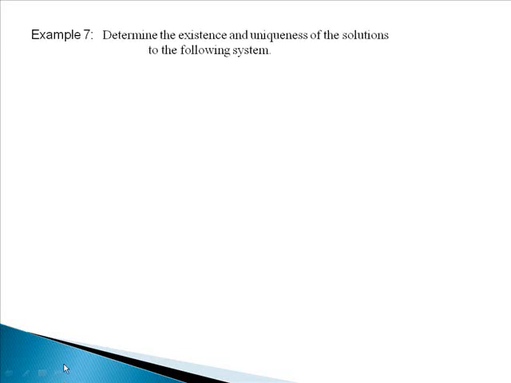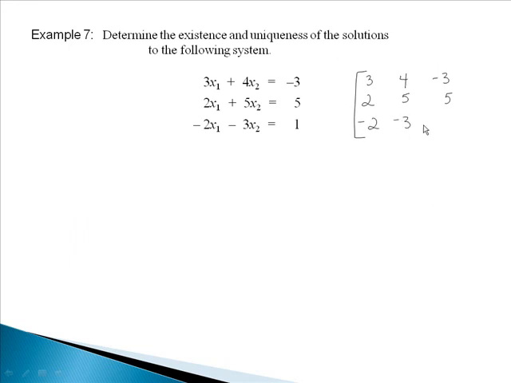Now let's look at another example. We want to determine the existence and uniqueness of the solutions to this system. First we'll write it as a matrix. So we have 3, 4, negative 3, 2, 5, 5, and negative 2, negative 3, 1. And we begin to get it in echelon form.